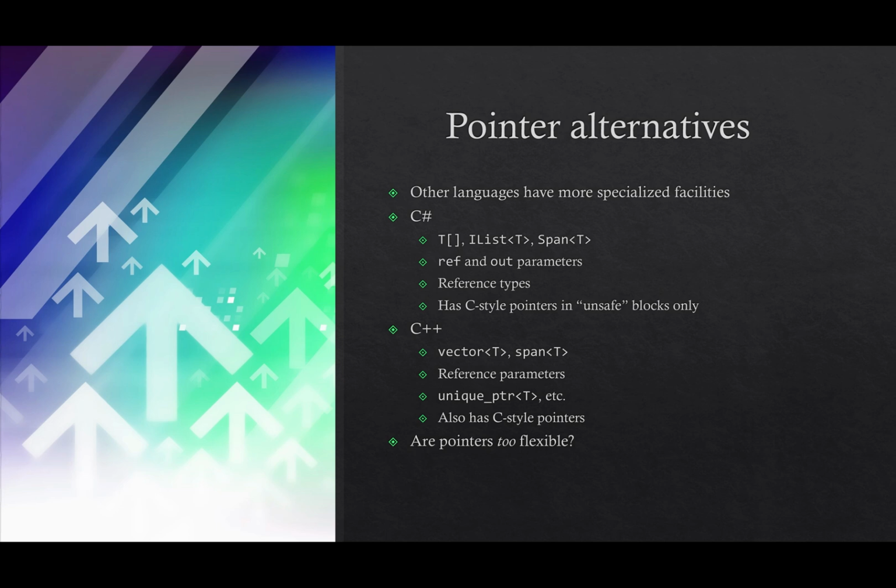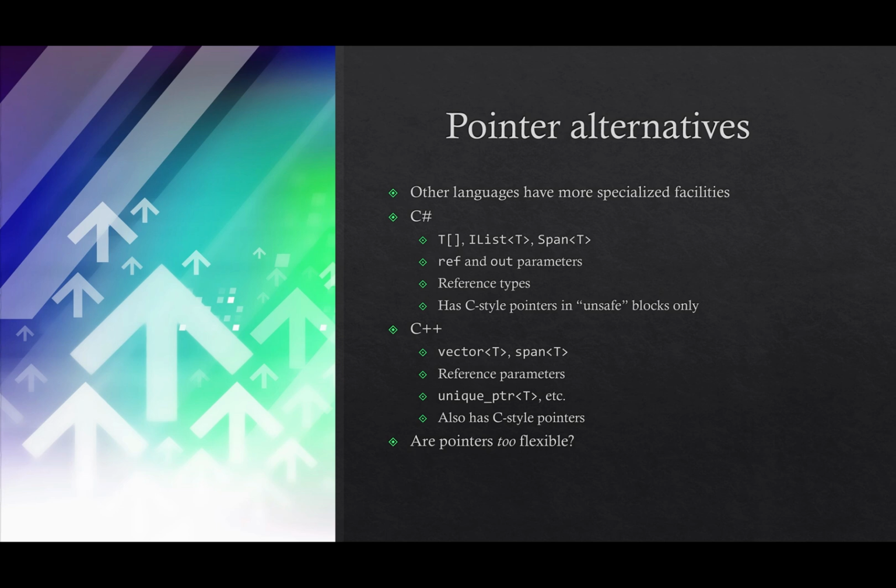A span of T is a contiguous sequence that's basically a pointer and a size encapsulated as one object, similar to the span class in C#. C++ also has references, so you can have a parameter that's a reference to something. And finally, C++ has things like smart pointers that manage lifetime for you, not using garbage collection, but using a different mechanism.